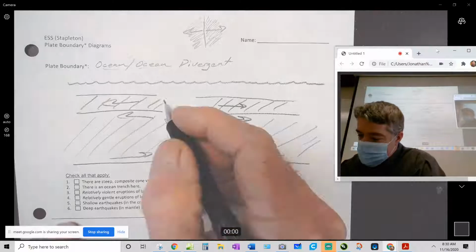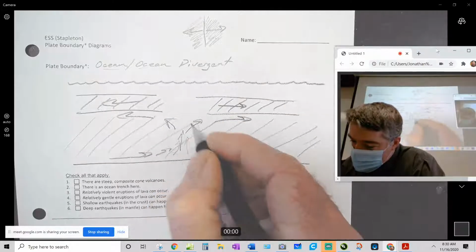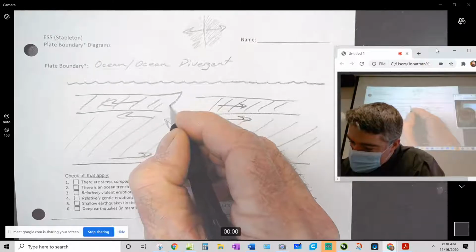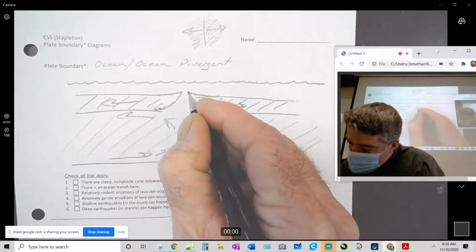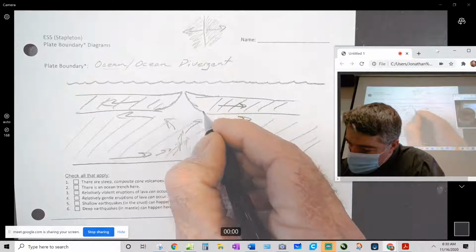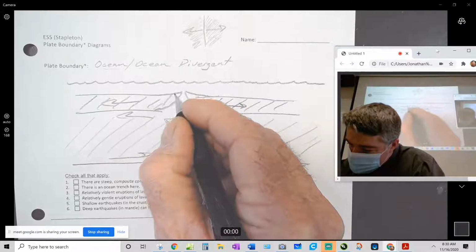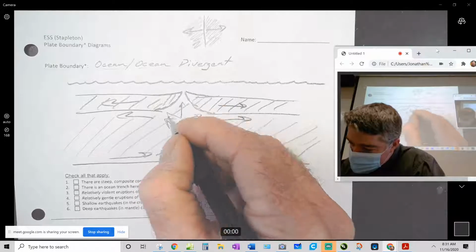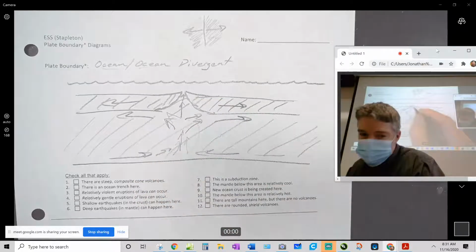And the answer is they get pushed up by this, but there's still a crack between them. So it sort of looks like a couple of canoes facing one another. And they get pushed apart, but there's also some stuff coming out of this crack right there.